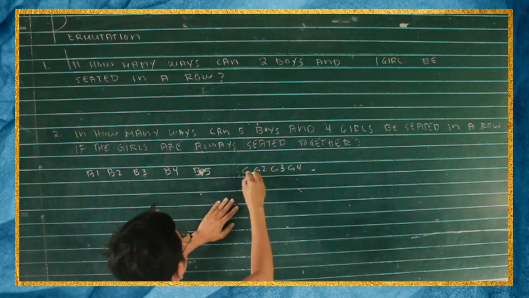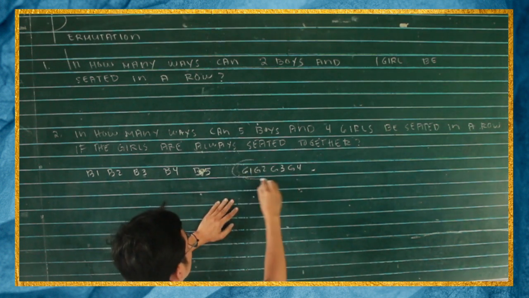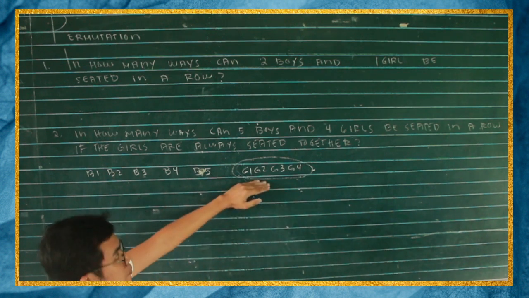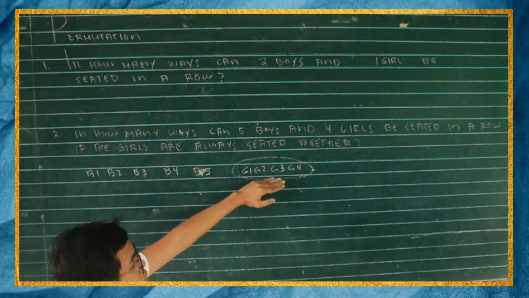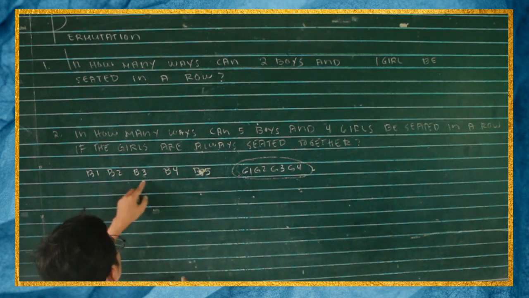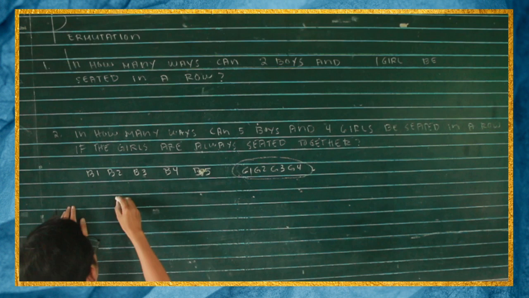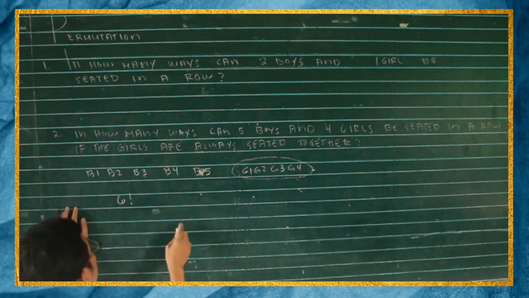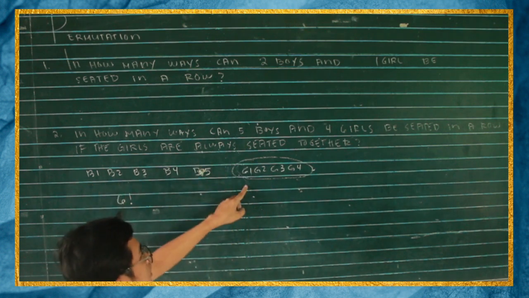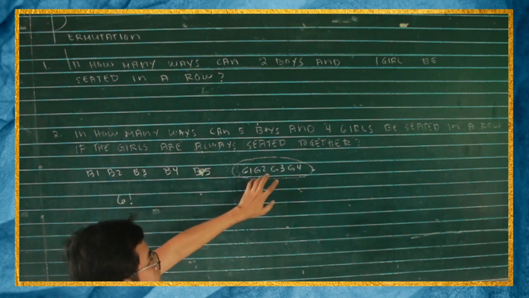Kailangan yung girls laging magkakatabi. So lagyan mo na lang siya ng circle. Hindi pwedeng maghiwa-hiwalay yung mga to. So pwede mong makount sila as 1, 2, 3, 4, 5, 6. So you have 6 factorial. Yung magiging arrangement ng mga to, that would be 6 factorial, kasi hindi pwedeng maghiwa-hiwalay ito.